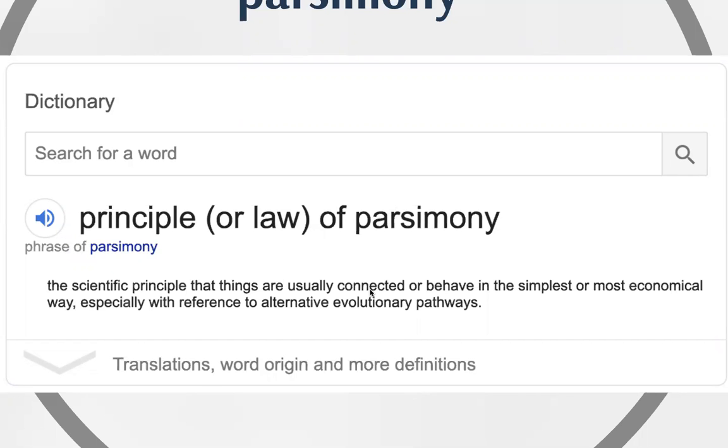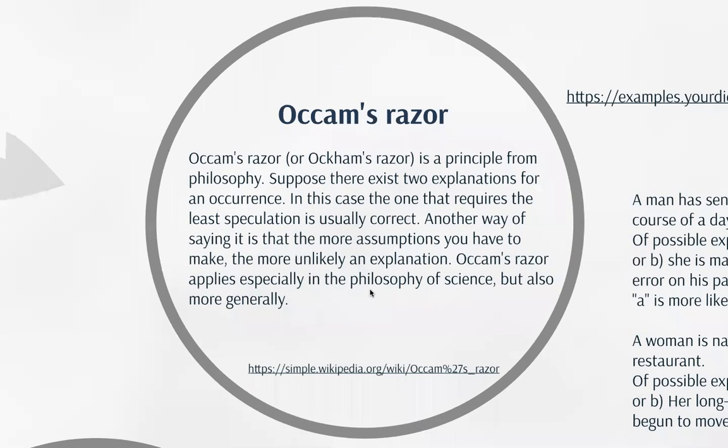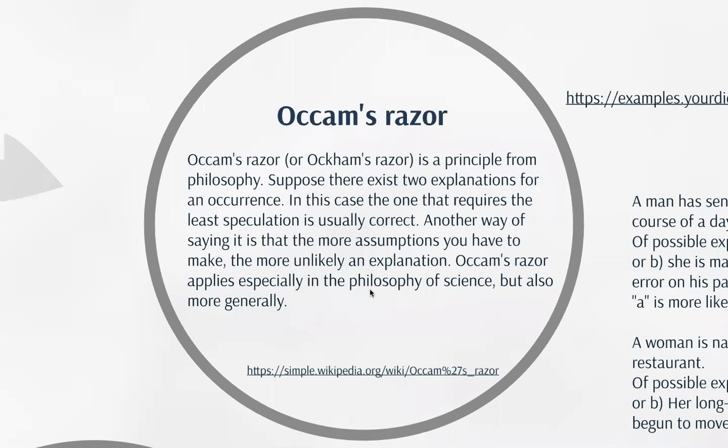Pardon me. This is usually called Occam's razor, coming from Occam, who I think was an ancient Greek philosopher as well, if I remember correctly. The simplest things are always the most logical and the most likely to be the explanation.